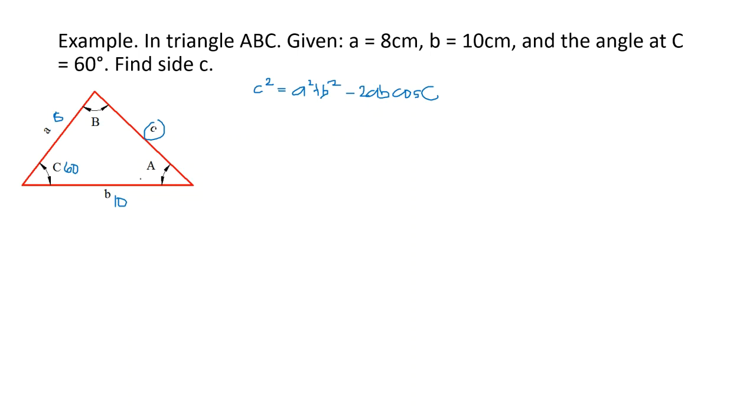Okay, so we have the value for the angle C, we have the value for side A and side B. So we can just go ahead and substitute. So we have 8 squared plus 10 squared minus 2 times 8 times 10 cos 60.